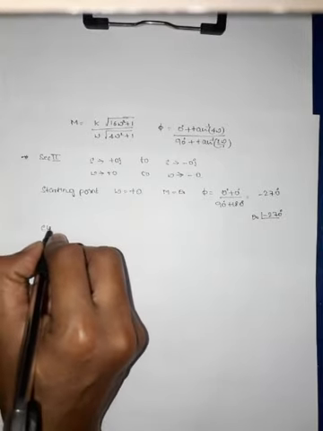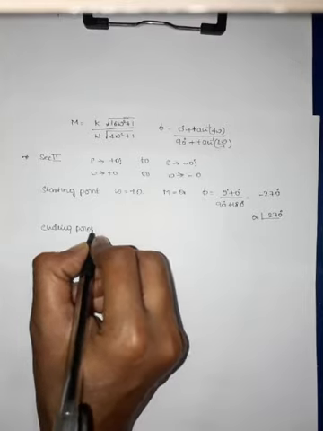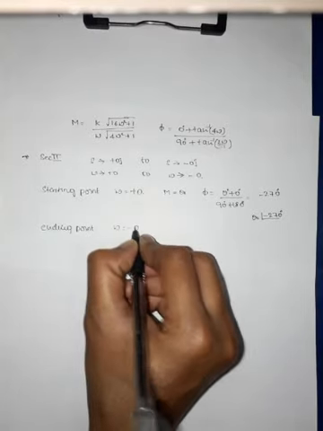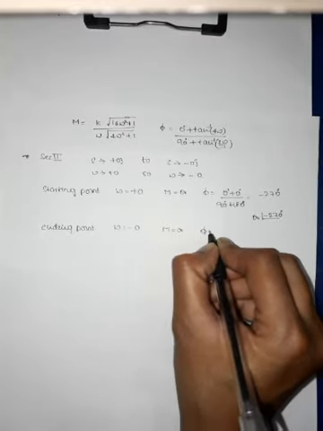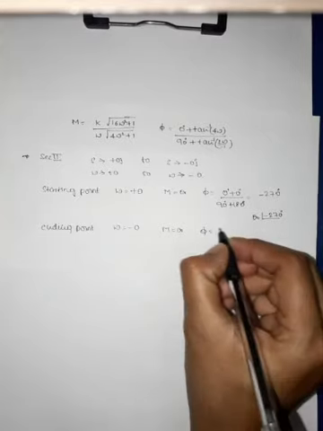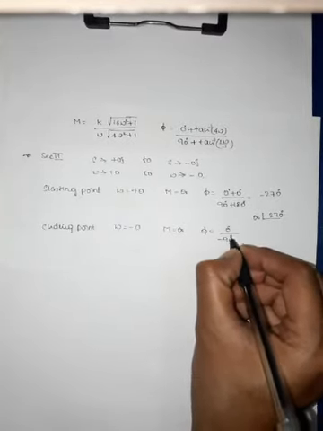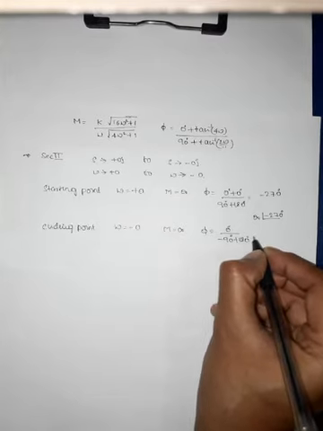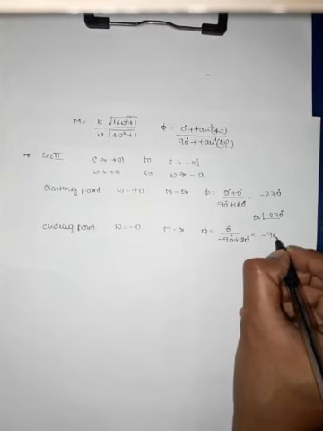Similarly, for the ending point, that is omega value equal to minus 0, the magnitude will be equal to infinity and the phase angle will be equal to 0 degree divided by minus 90 degree plus 180 degree, which is minus 90 degree.